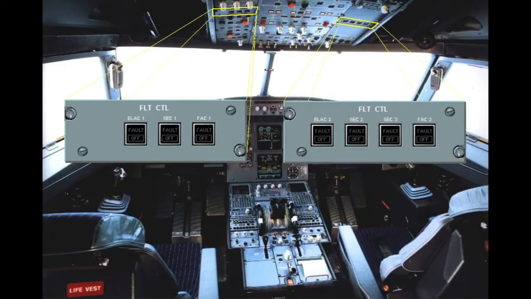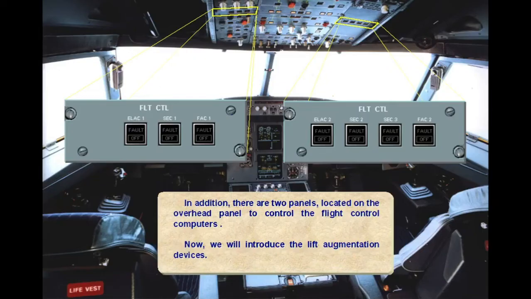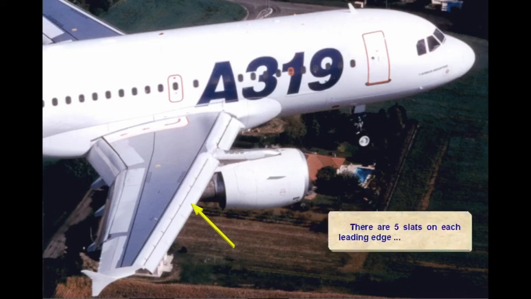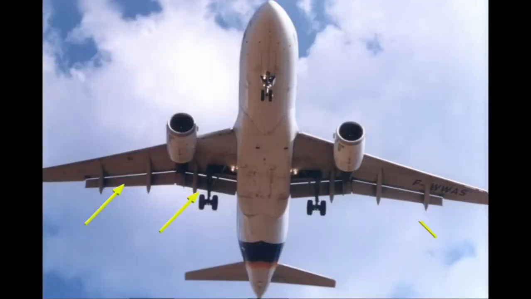Now we will introduce the lift augmentation devices. There are 5 slats on each leading edge and 2 flaps on each trailing edge.